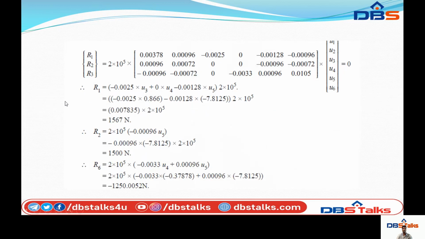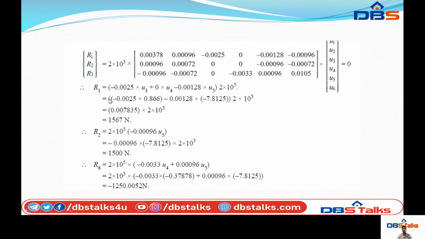So for that, I am taking R1, R2, R3, that equals these values we obtained in the global stiffness matrix. At this point, I'm calculating the reaction forces only based on the boundary conditions. U1, U2, and U6 equal 0, that is the boundary condition.